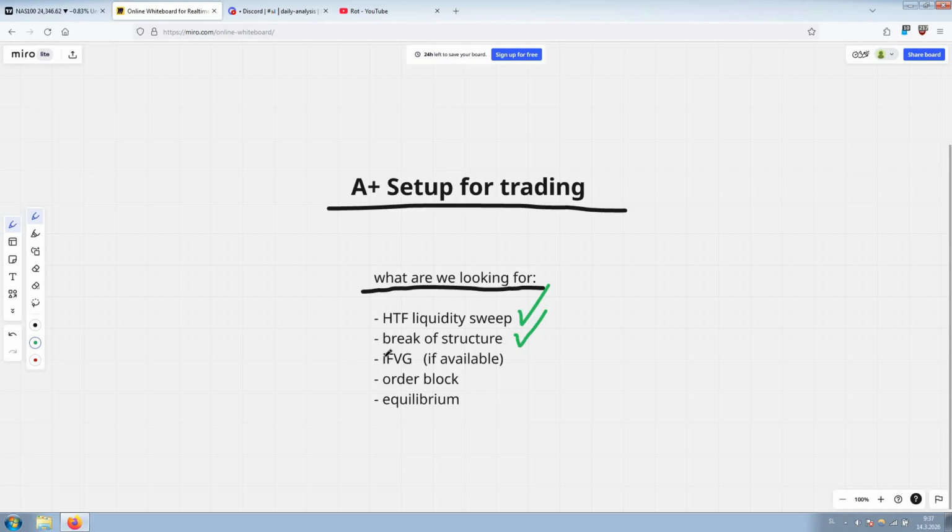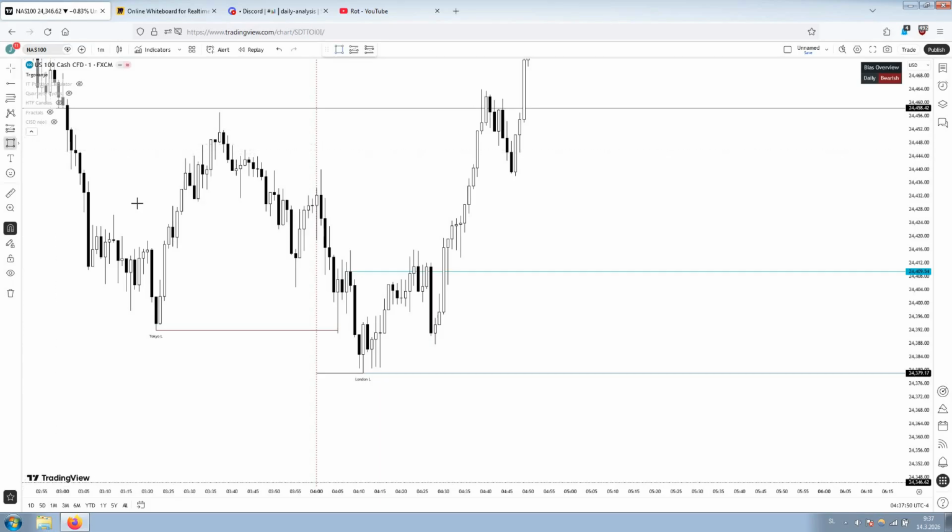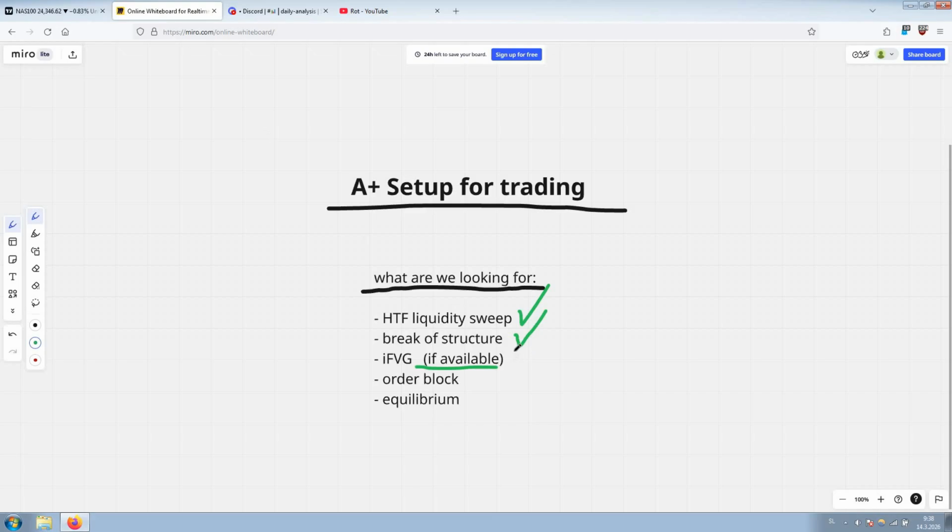Then additionally, what are we waiting for? If we have an inverse fair value gap, if it is available, then we also consider that as additional confirmation. And you can see that over here we have a bearish fair value gap, which eventually got inversed into a bullish inverse fair value gap. So we also have that one.